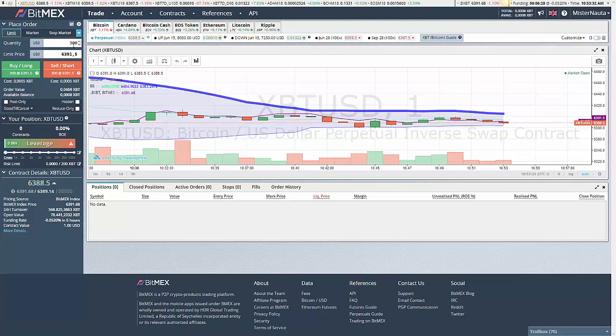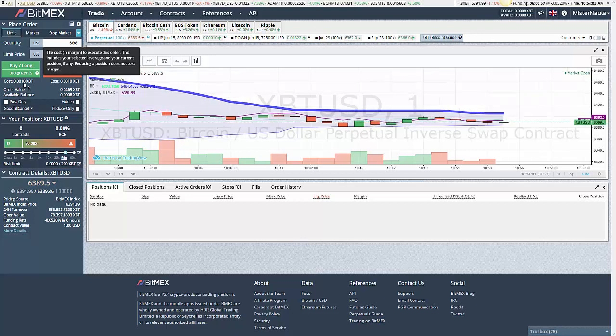I'm sure that is not $300, right? But if I put here, for example, a 25x position, I would need 19,000 satoshis to invest in that position. If I put 50 times leverage, I can do that with only 10,000 satoshis.